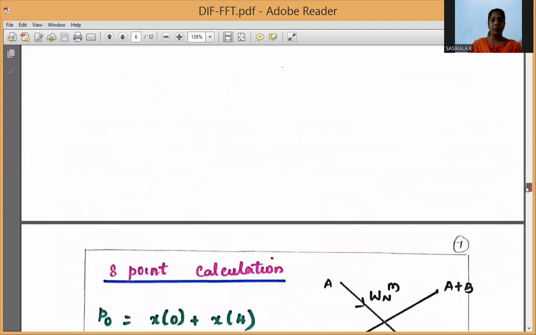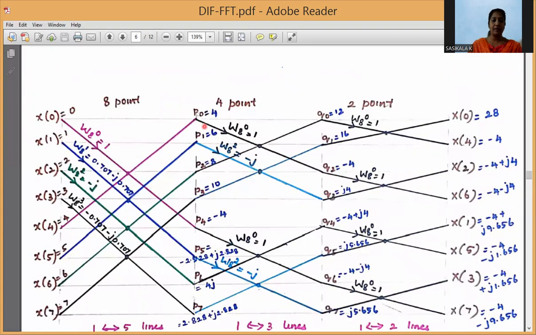Once you find this P naught, the second output is P4. Here we'll have the same inputs, but the output formula is the first input minus the second input, into the twiddle factor. That is x of 0 minus x of 4 into W8 power 0. So now what is x of 0's value?